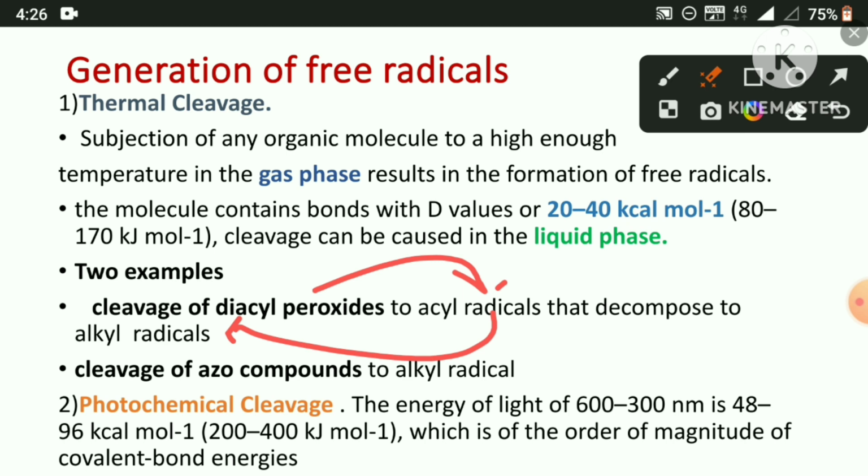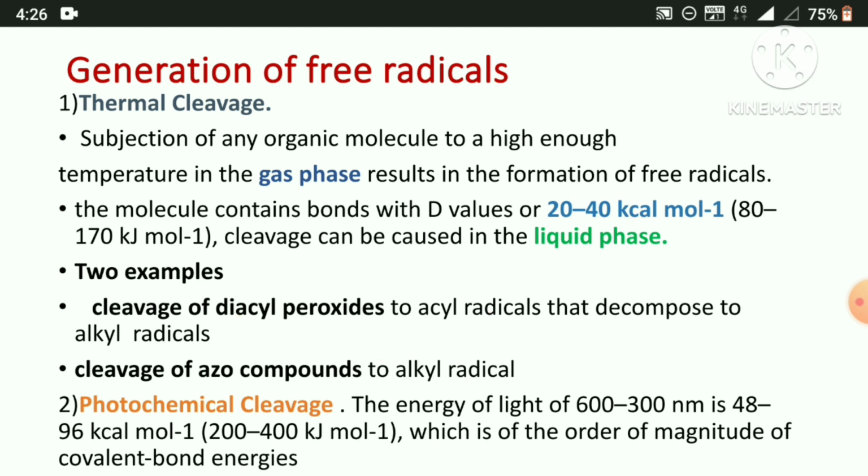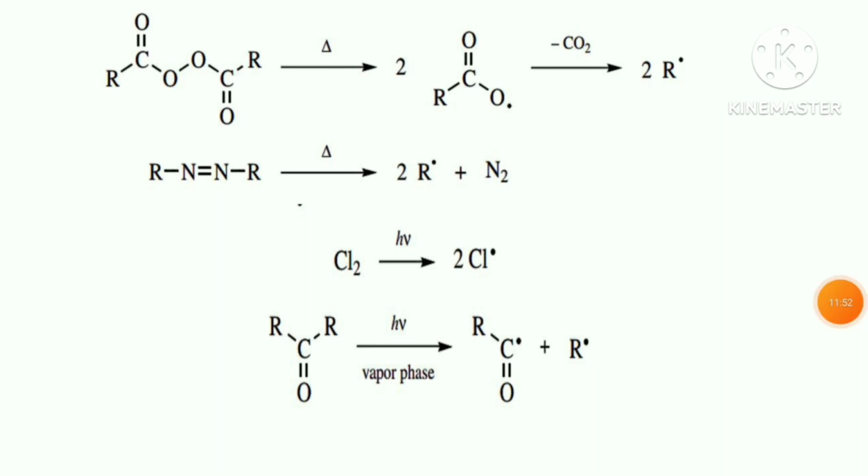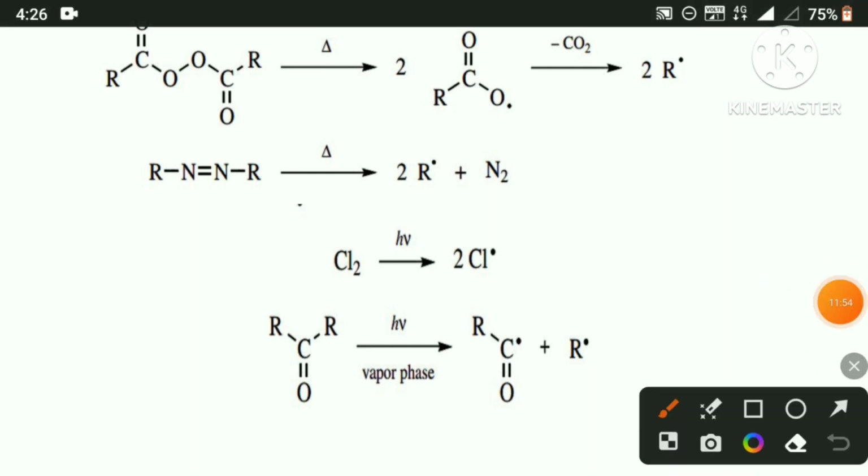So when supplying this much energy to the substance, it undergoes photolytic cleavage, which leads to the formation of free radicals. So these are the main reactions for the formation of free radicals.